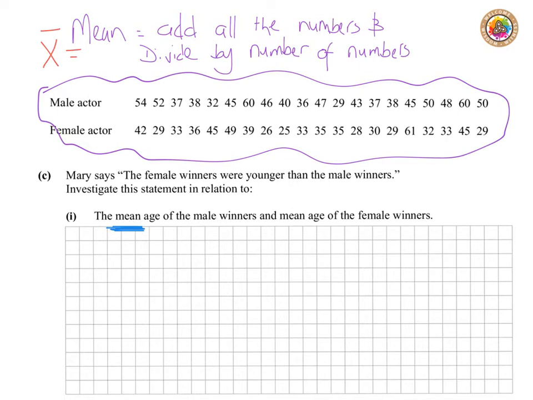So here we'll say, well, the mean for males, well, I'm going to add all the numbers together. So 54 plus 52 plus 37 and so on until I get, and adding all those together, I get 887 and I divide that by 20.